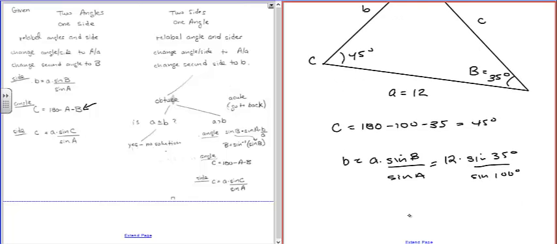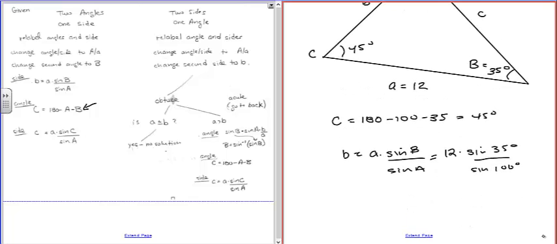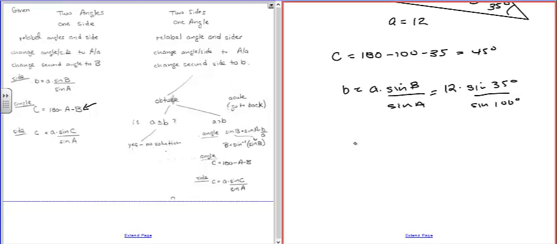And you make sure your calculator is in degrees mode. 12 times the sine of 35 divided by the sine of 100. And we get 6.99, so I'm just going to say it's 7.0. That's side B.